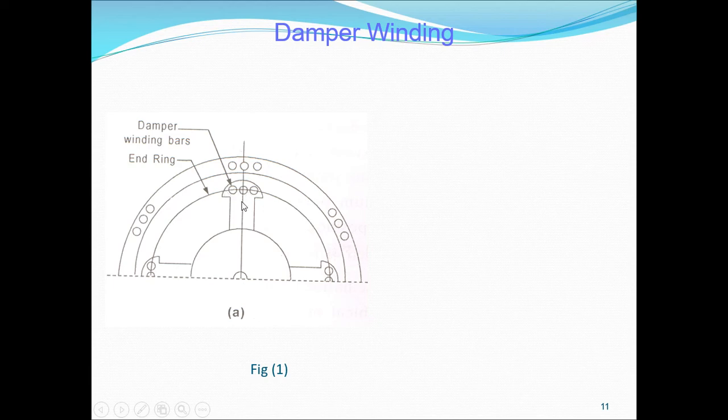The damper winding consists of short-circuited copper or aluminum bars embedded in the faces of the field poles as shown in the figure. They are kept in the field poles and all are short-circuited with end rings. So what is damper winding?